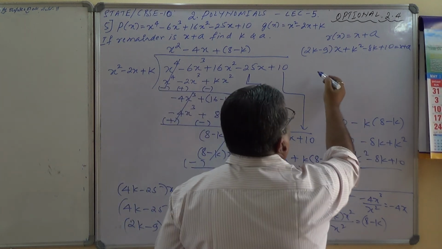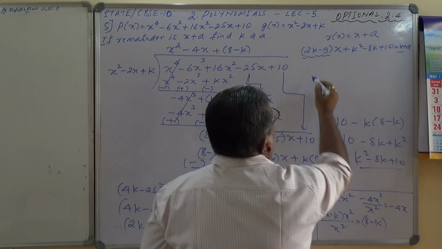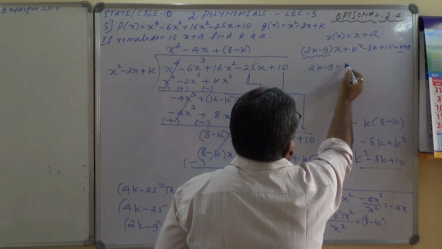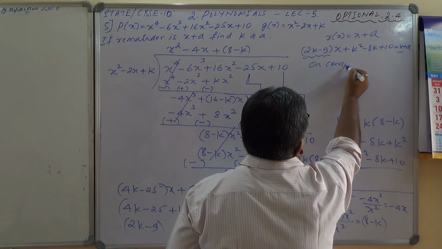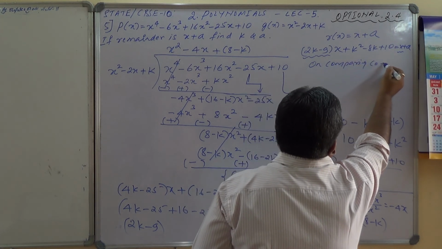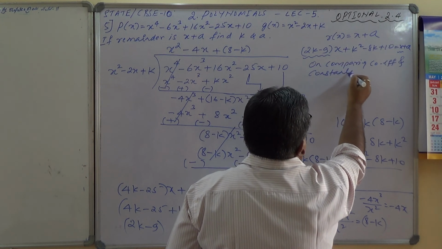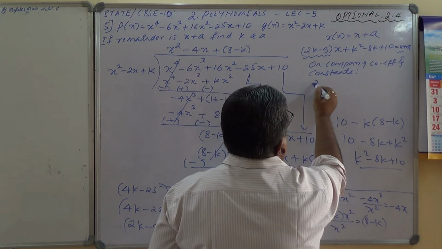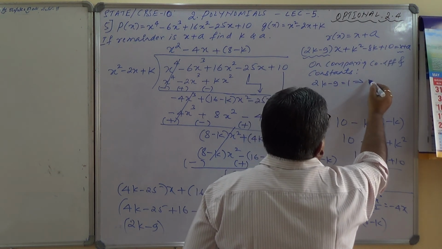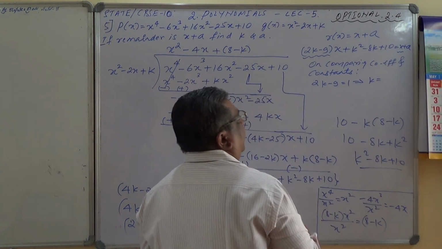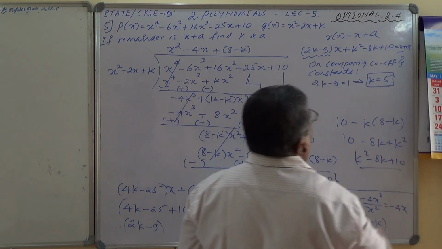Therefore, on comparing the coefficient of x with the coefficient of x here, 2k minus 9 equals 1. On comparing coefficients and constants, we get 2k minus 9 equals 1, implies k equals 9 plus 1, that is 10, divided by 2, so we get k equals 5.